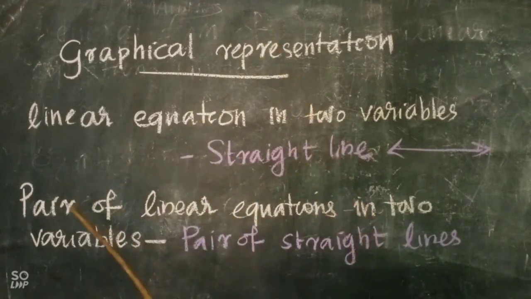So, the graphical representation of pair of linear equations in two variables is pair of straight lines. Linear equation means there is only one equation, so the graphical representation is only a single line. Pair of linear equations means there are two linear equations, so we are getting two straight lines.